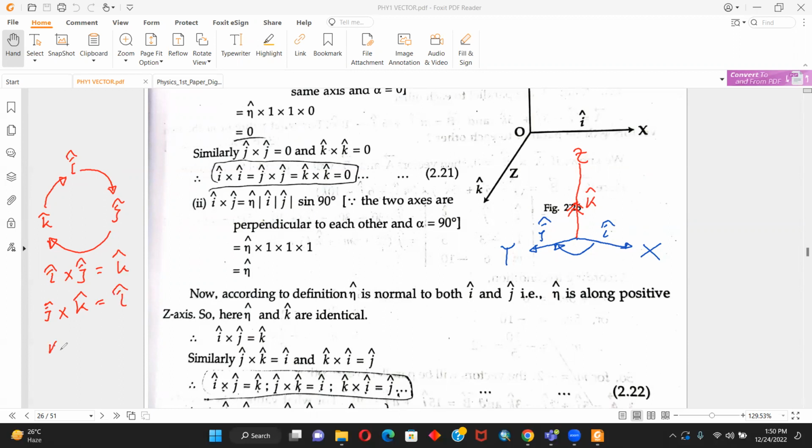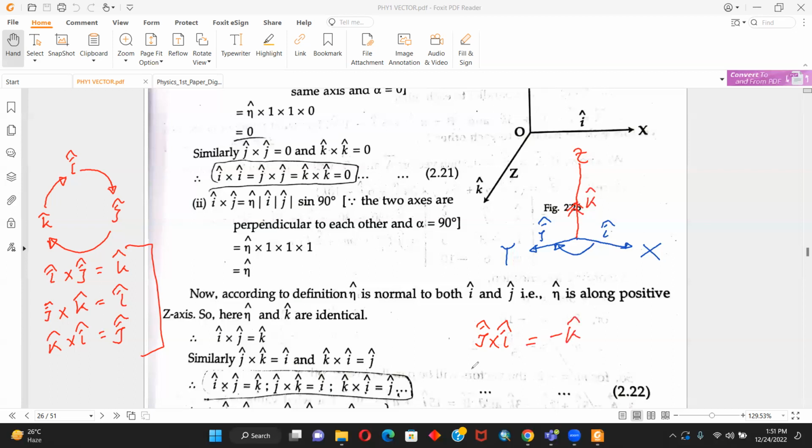And k cross i equals j. Also, if you change the direction and try to go clockwise, then it will be j cross i, which will be minus k.